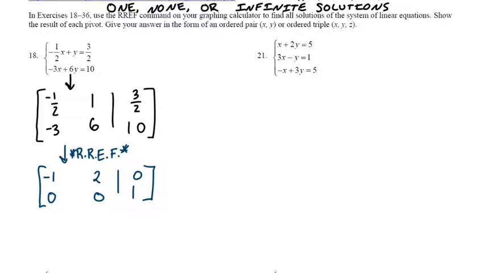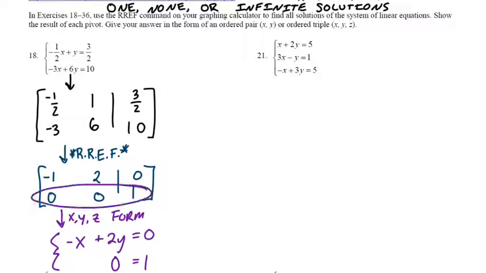Definitely seems a bit odd already, considering what we've seen up to this point using the RREF command. Let's put this back into XYZ form. That first row would give me negative 1x plus 2y equals 0. And the second row, all we have is 0 equals 1, which should give you cause for concern, right?